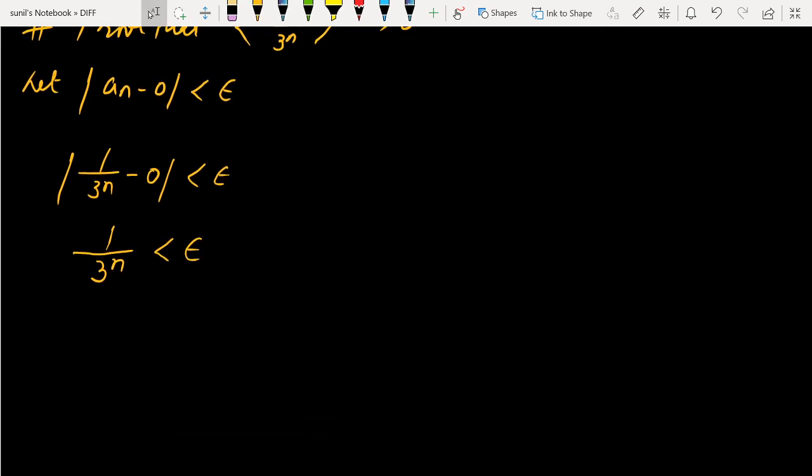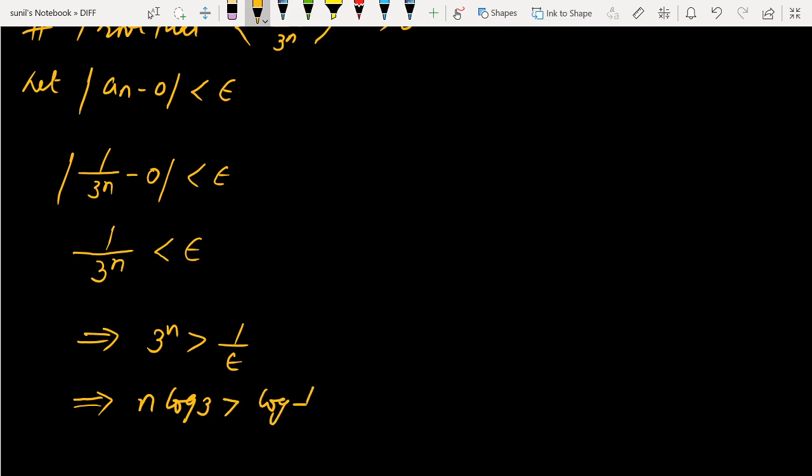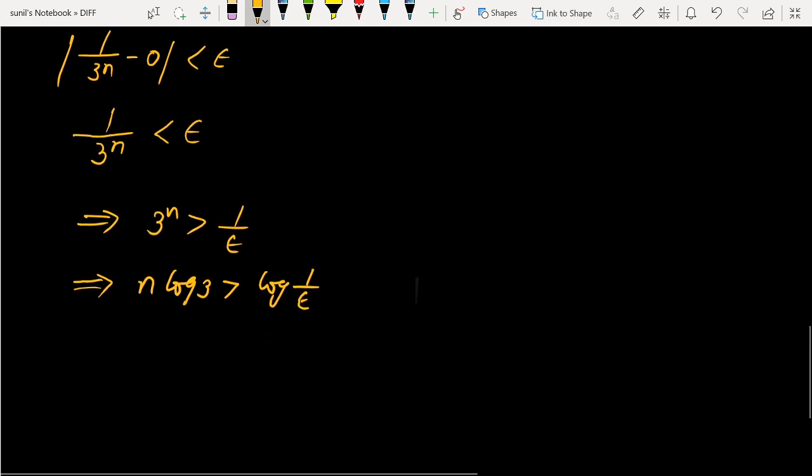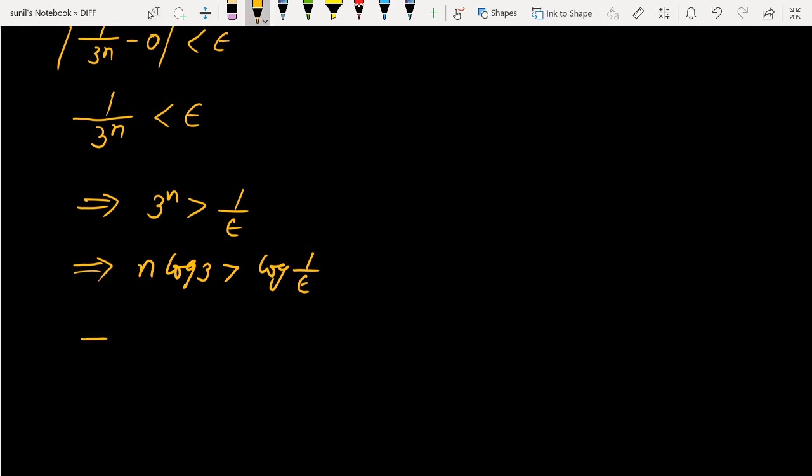This implies 3 to the power n is greater than 1 by epsilon. If I take log on both sides, then n log 3 is greater than log of 1 by epsilon, so n must be greater than log(1 by epsilon) upon log 3.